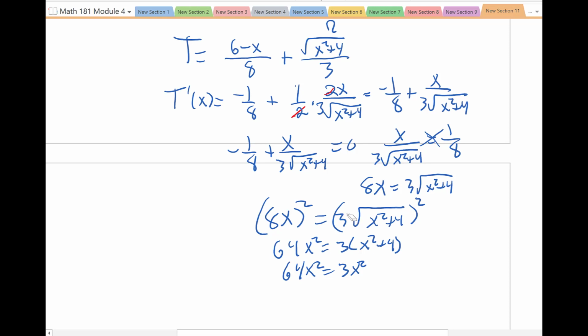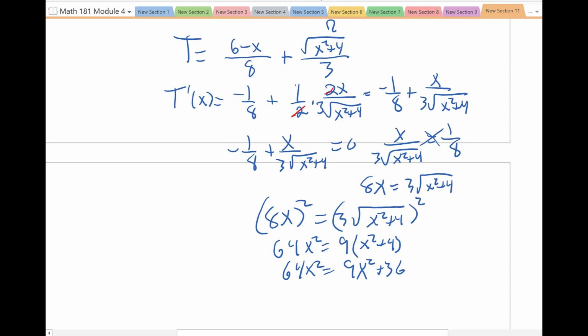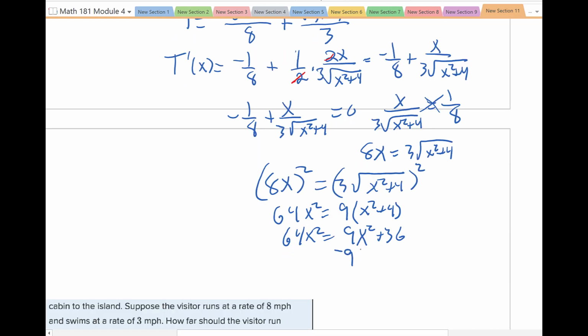Oh, that shouldn't be a 3, that should be a 9. 9x squared plus 36. So we can subtract 9x squared from both sides, and 55x squared equals 36. So x squared is 36 over 55.